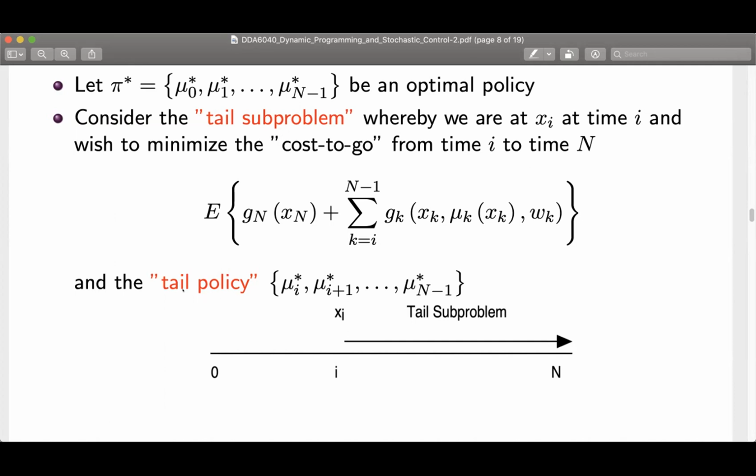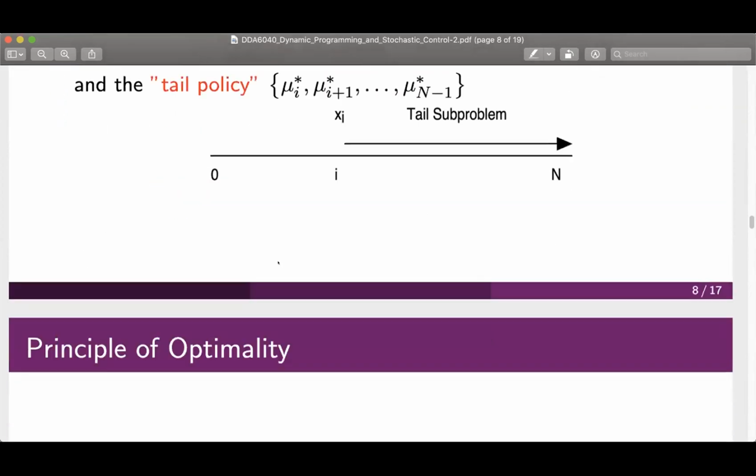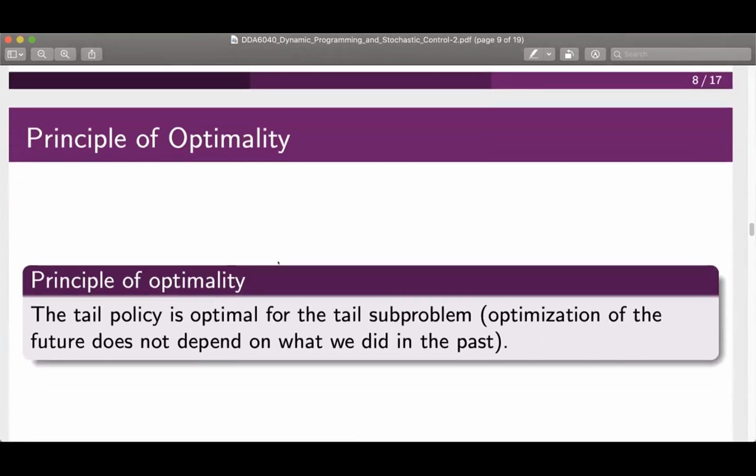So far, we don't know the relation between the tail subproblem and the tail policy, because the tail policy is generated from the optimal policy, but the tail subproblem is a truncated problem. We don't know whether the tail policy is still the optimal policy of the tail subproblem or not. The principle of optimality answers this question.